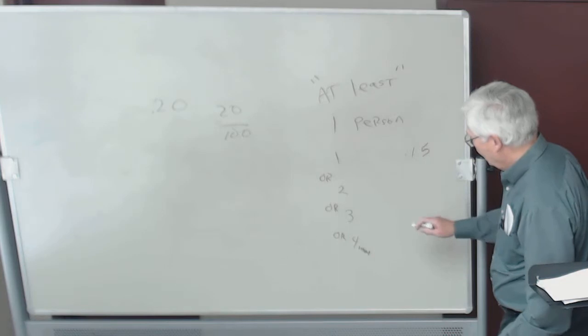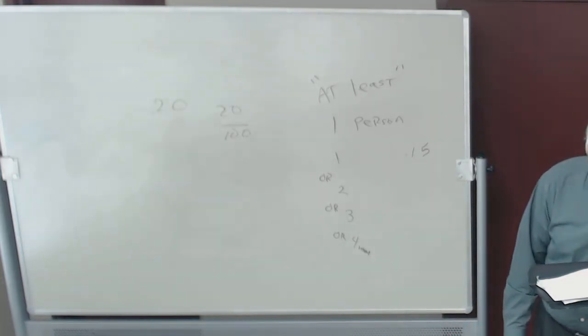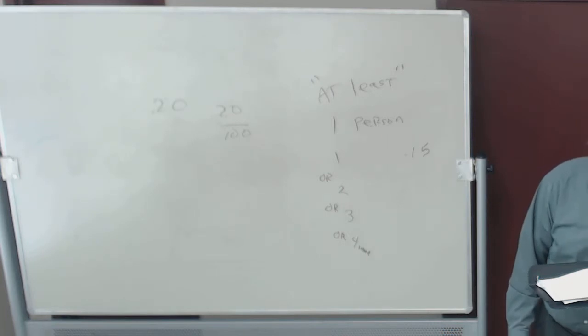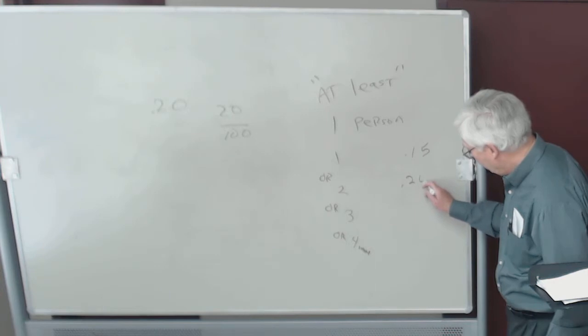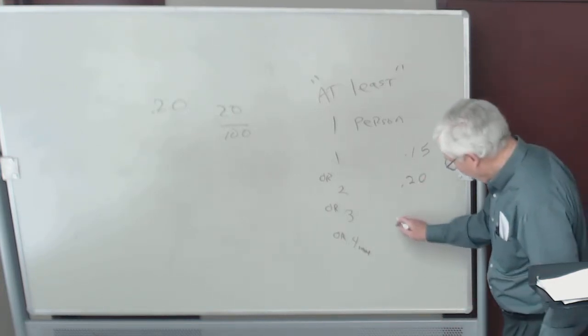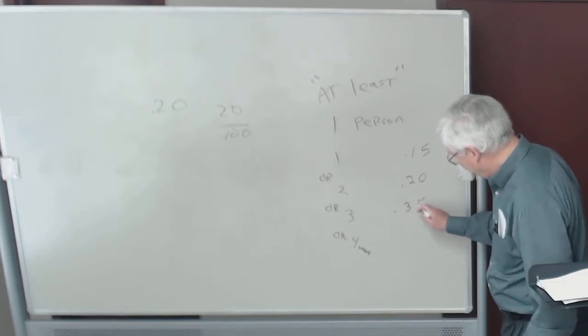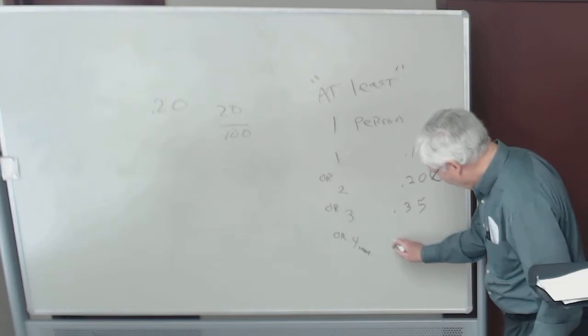0.15. What's the probability for 2 people in that chart on page 740? 0.20. What's the probability for 3? 0.35. What's the probability for 4 or more? 0.20.